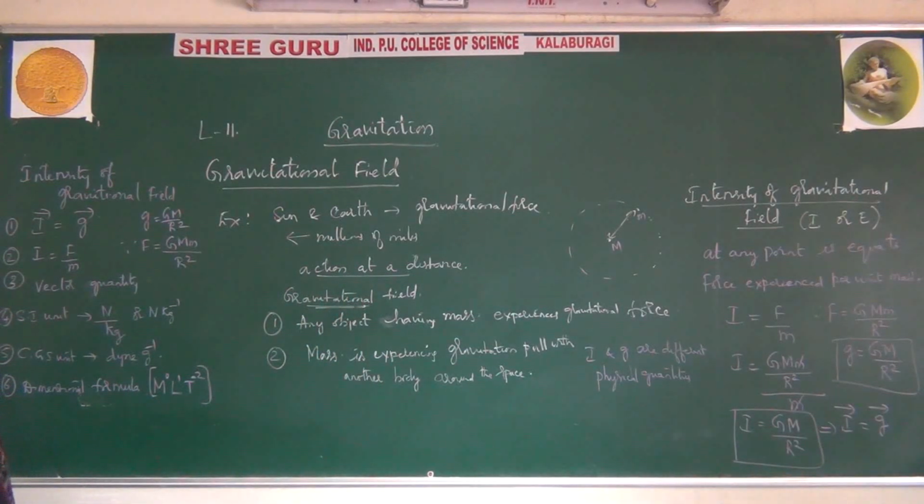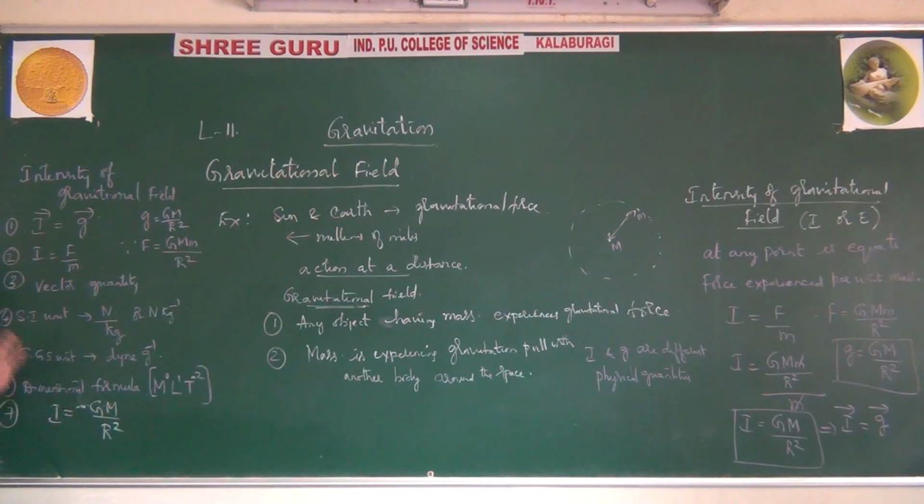Now, one more point I want to say here. This intensity of gravitational field, here I have written, is nothing but I is equal to F by m, where F we already know. What is the value of I? I can write as the 7th point: I is equal to G M by R square. But this will be always negative. Please remember, always negative. How did we get this negative sign?